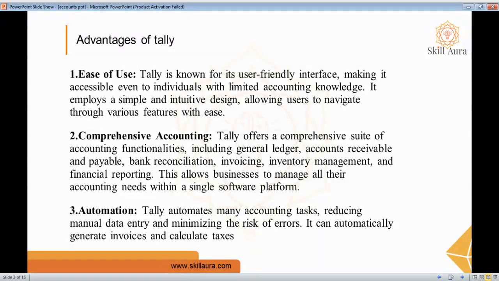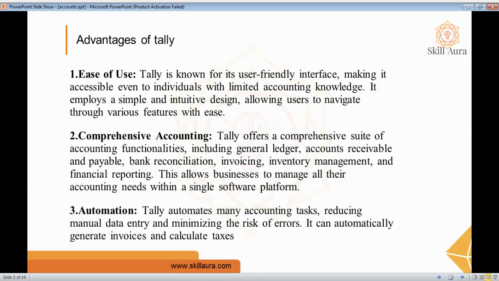For example, a manufacturing company, it can be ABC or XYZ company, can use Tally to automatically generate invoices, track payments, and update the accounts, freeing up staff to focus on their core business activity. All this can be one of the advantages of Tally.